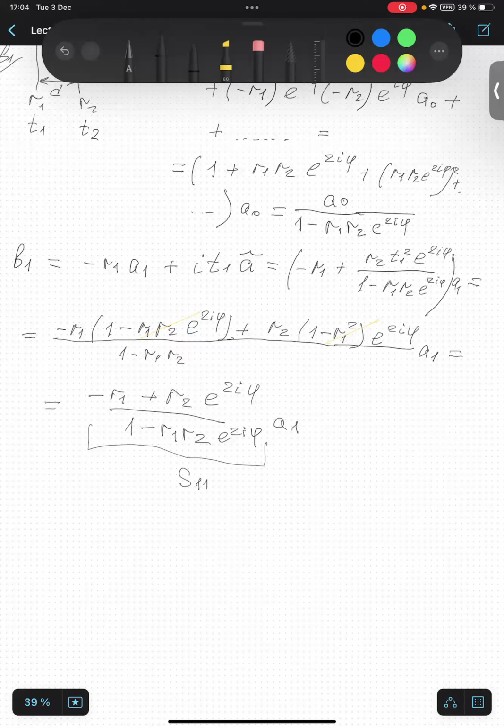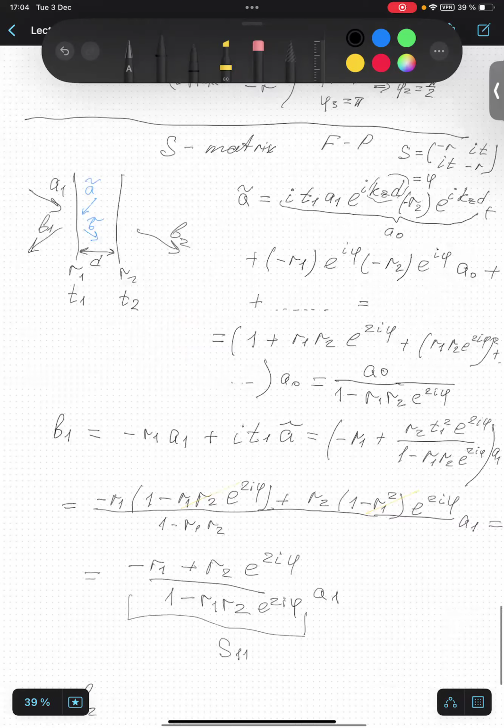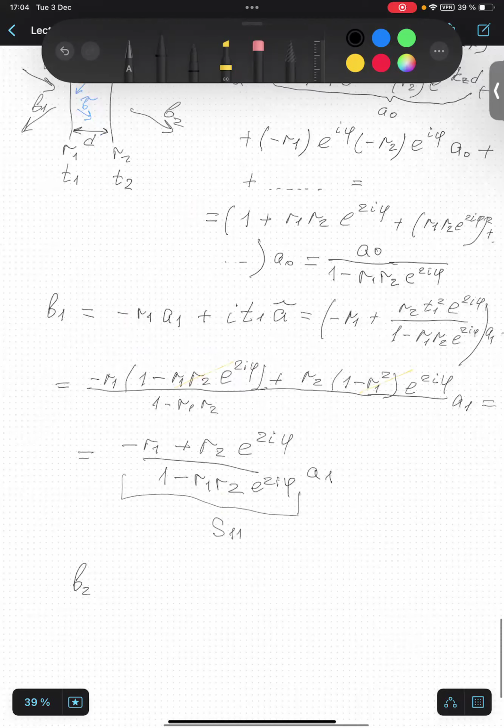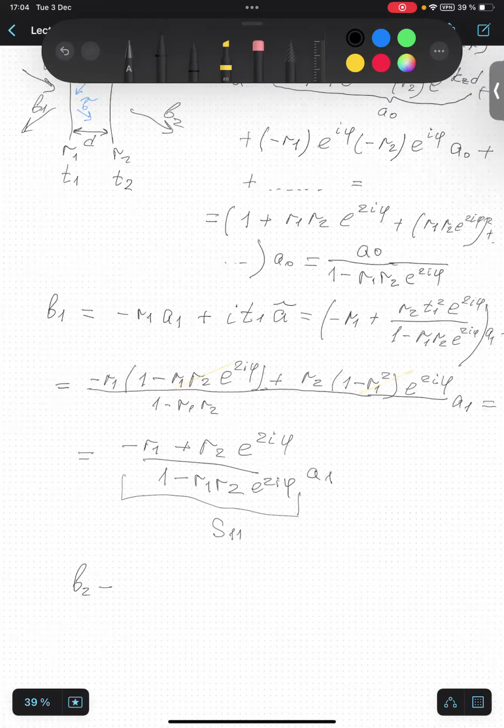What do we have next? We also have B2 here. What is B2? B2 is just i T2 and B tilde. And again, we have to find the B tilde.